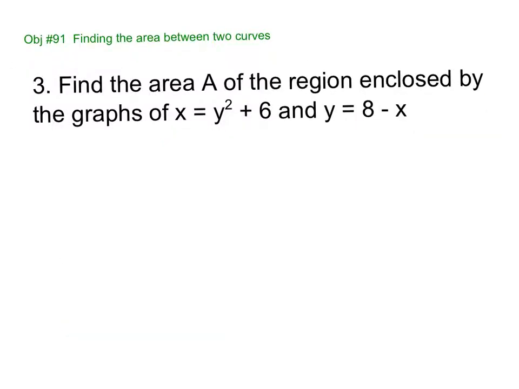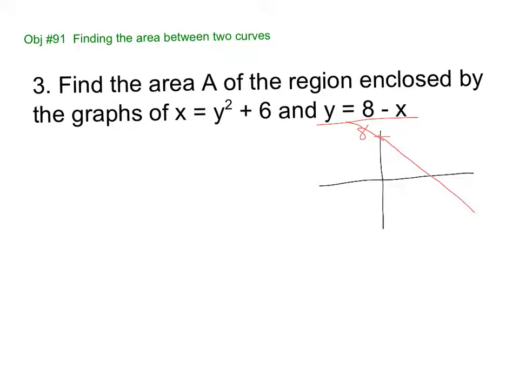Pause the video and see if you can figure this one out on your own. So I'm going to draw my graph. So notice the second equation is actually in terms of y. Okay. So what does that look like? That goes up to 8, and it's got a negative slope, so that's my graph for that one.